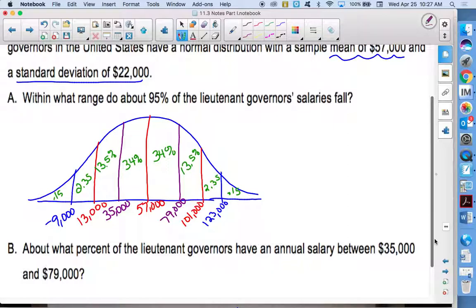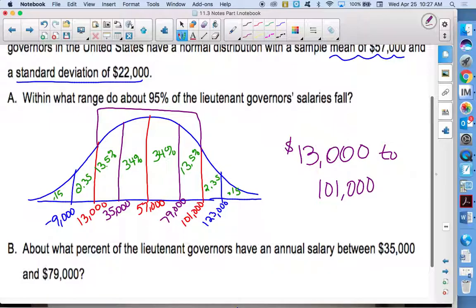That's the second standard deviation. What does it start at? What does it go up to? 13,000 to 101,000. 95% of the governors would have a salary between those values.